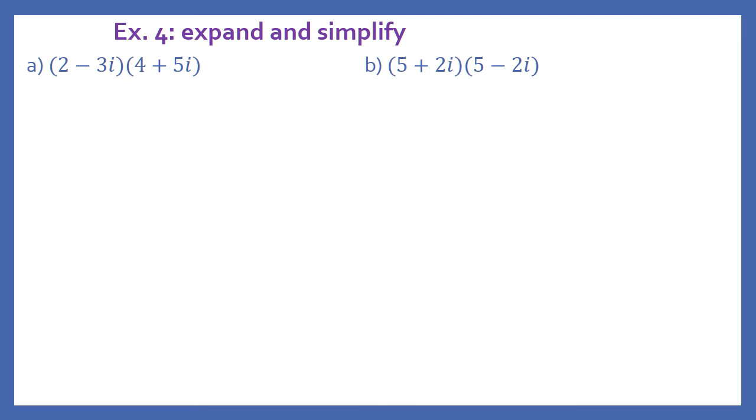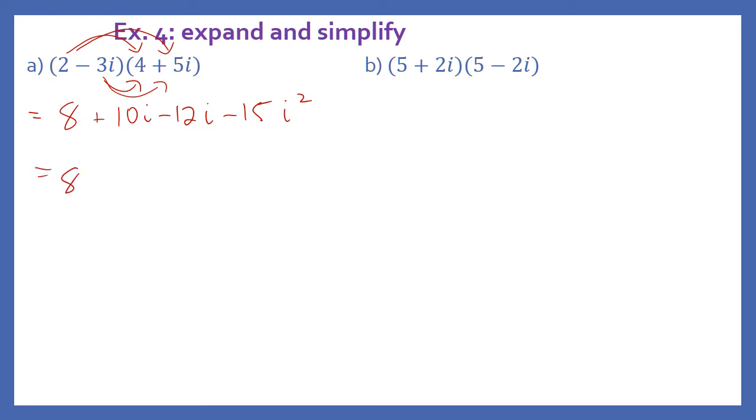So we're going to build off of that. That's kind of where we're going with this. Our next example: expand and simplify. You can think of this as FOIL. 2 times 4 is 8. 2 times 5i is 10i. Negative 12i. And then negative 15 i squared, since i times i is i squared.